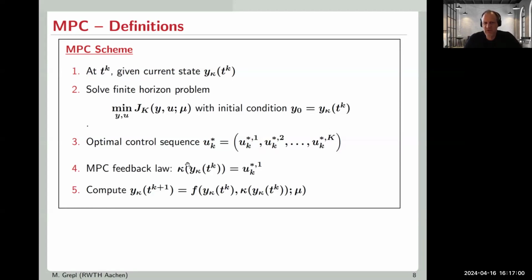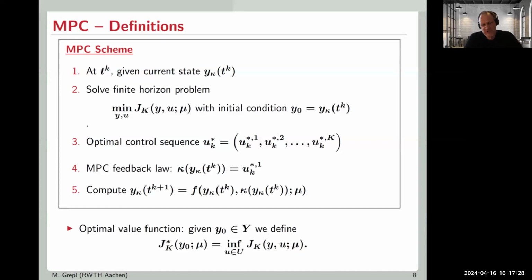We obtain the optimal control sequence, which was just written in green. Our MPC feedback law contains only the first element of our sequence, so u_k star 1. We compute the next state at time step t_k plus 1. And then we basically go again to the beginning, move our horizon one step forward and keep going.